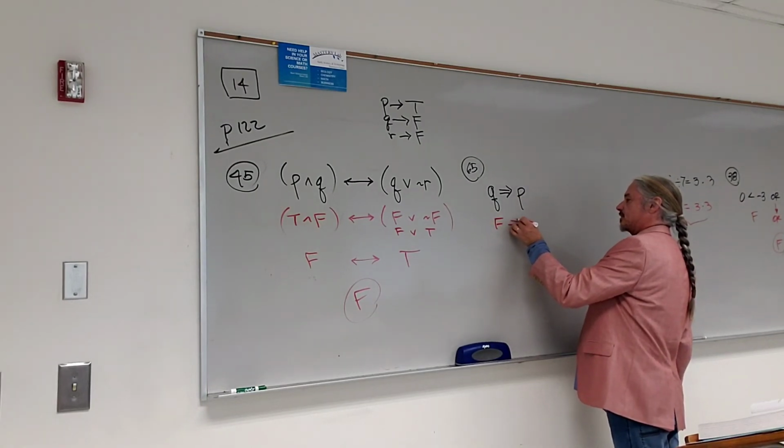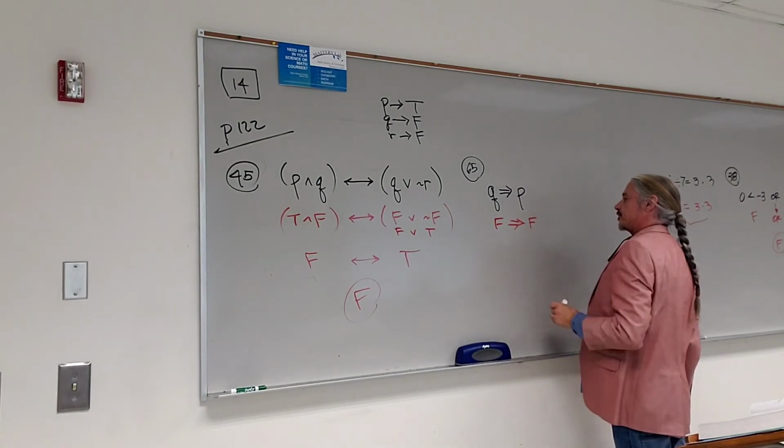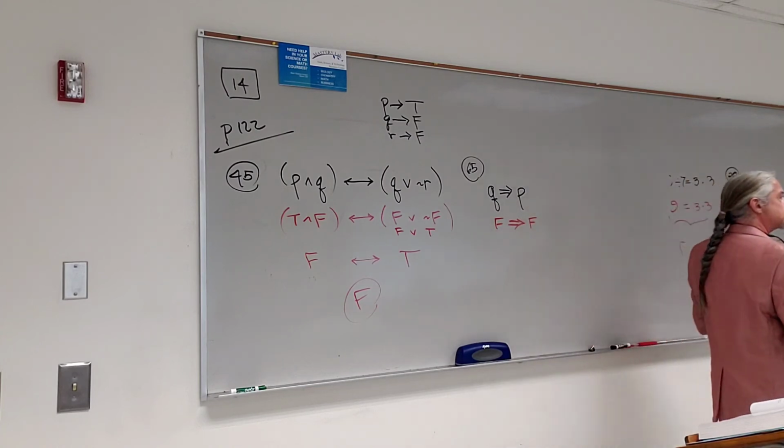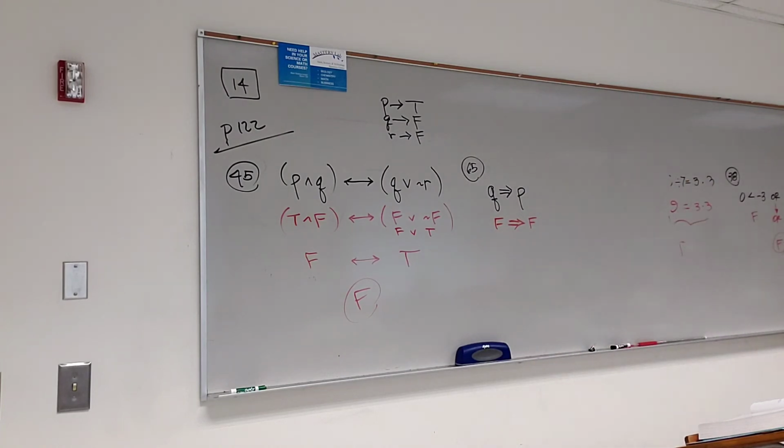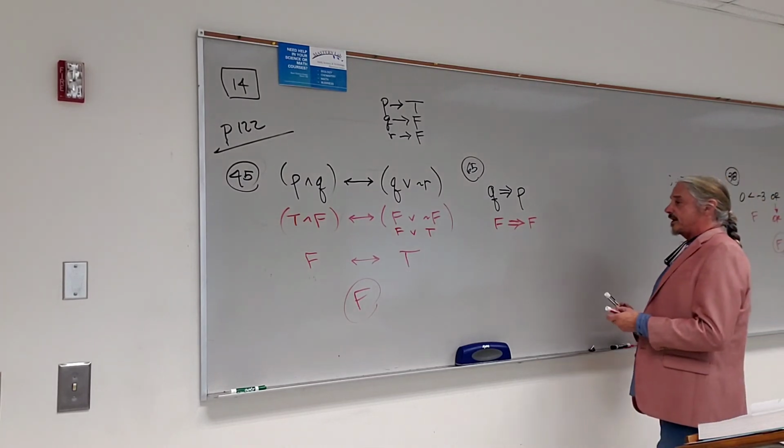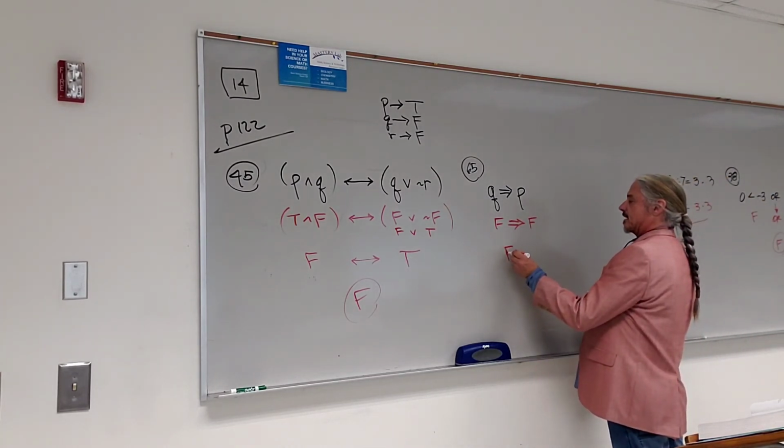So this is the question. False implies false. Or said the long way, if false, then false. Is false implies false true or false? It's true. It sounds odd and it sounds crazy, but we went through that already as to why, not going back.